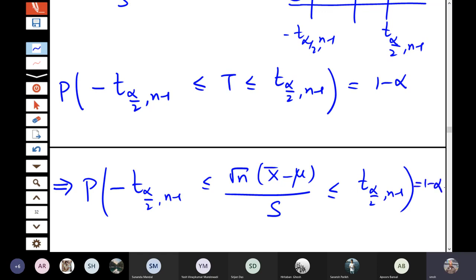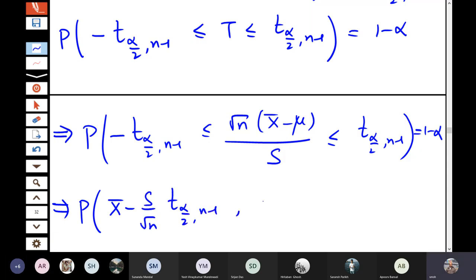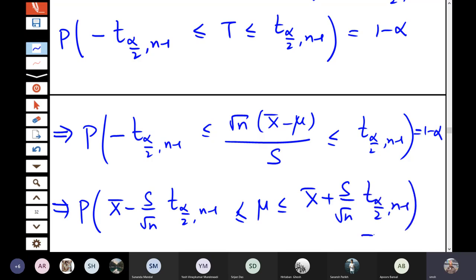So once again we simplify in the same fashion. If you simplify in the same fashion, that is you multiply by s by root n, then reverse the inequalities and add x bar, you will get probability of x bar minus s by root n t alpha by 2, n minus 1 less than or equal to mu less than or equal to x bar plus s by root n t alpha by 2, n minus 1, that is equal to 1 minus alpha.